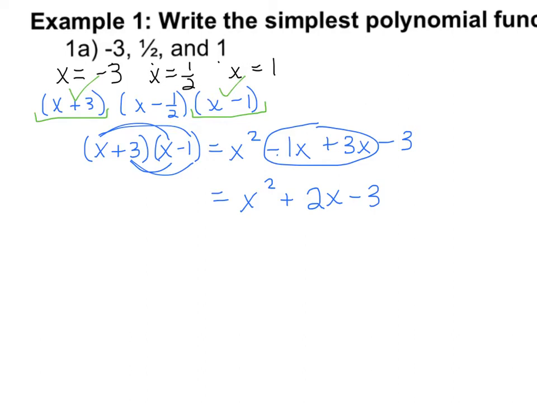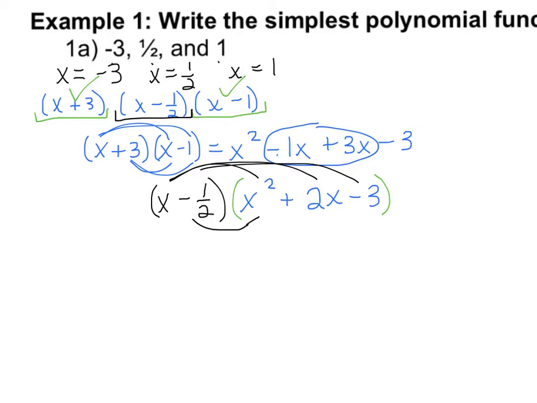Now we have to take that answer, this one right here, and multiply it by the factor we haven't used. So you have a choice. I'm going to get rid of the equal sign just to save space. You can write the other factor right in front, and if you are a person who likes to distribute and FOIL that by multiplying there, there, and there, and here and here, you can go ahead and do that.